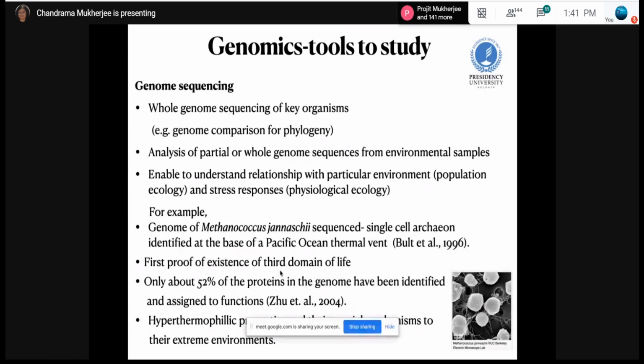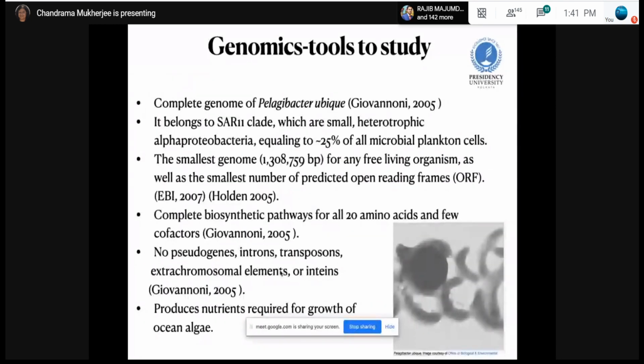Not only that, identification of this organism also helps the identification of novel cofactors which are recently utilized by various biotechnological applications.